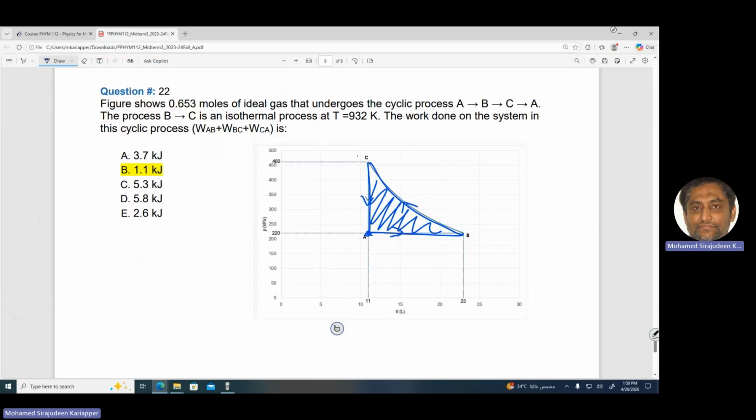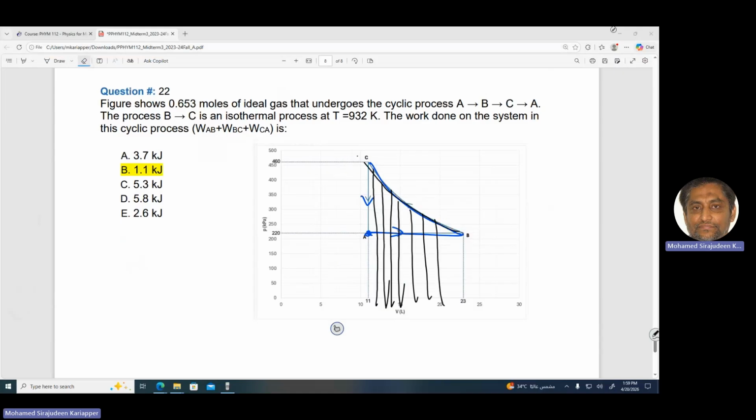No. So I cannot use that. However, you can go one by one. It will be this area if I use this line. That is the work done in this.